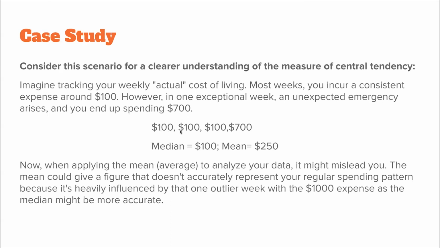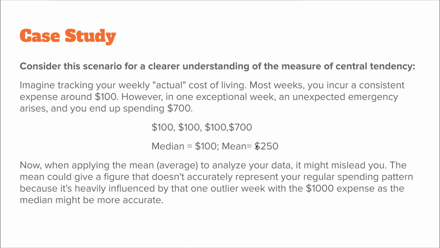Let's say we have data for just 4 weeks. In the prior 3 weeks, you were spending $100 a week. You spent 100, 100, 100, 700. If you add this up, it's $1,000, and 1,000 divided by 4 gives a mean of $250.